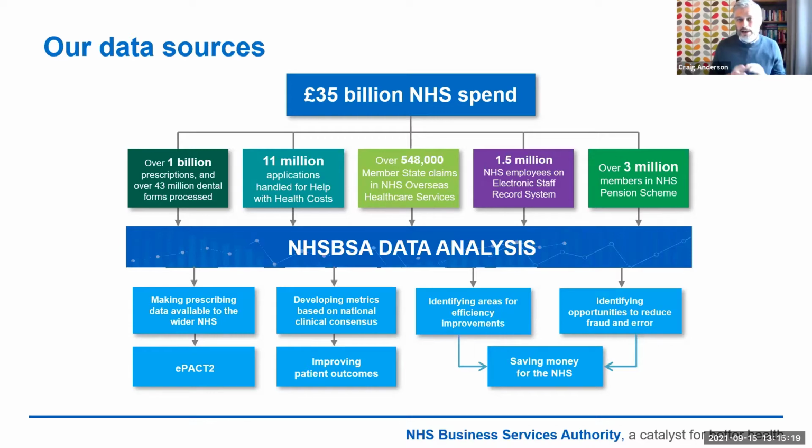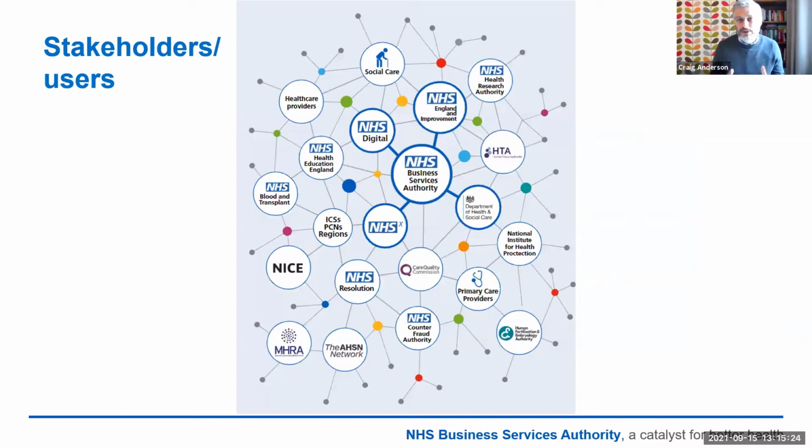And if I move on to the next slide, Matthew, when we talk about our users, the key area here is just to show the breadth of organizations that exist within the health and care system. These are organizations predominantly that are delivering or commissioning services for patients. A large number of these organizations are allowed and able to see more personal data.